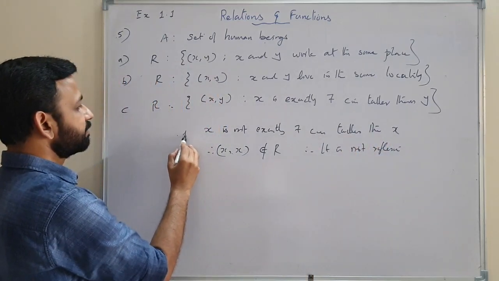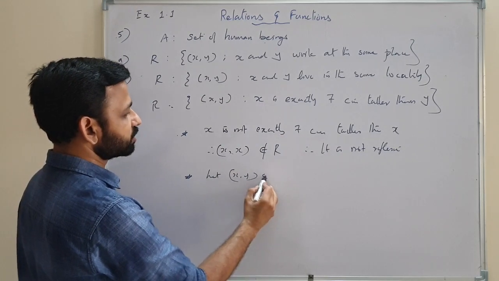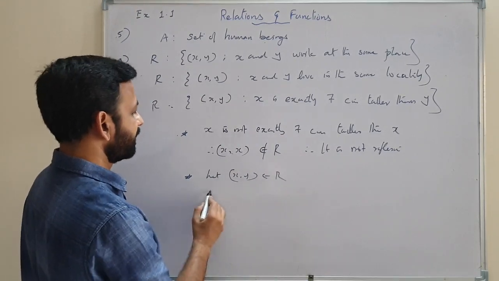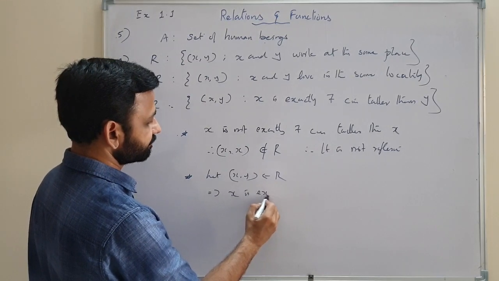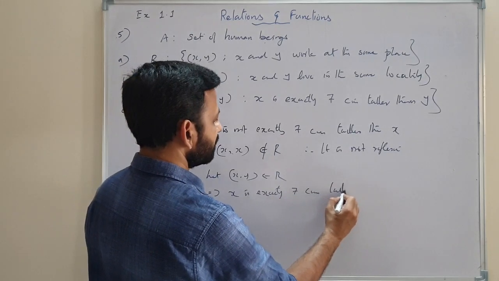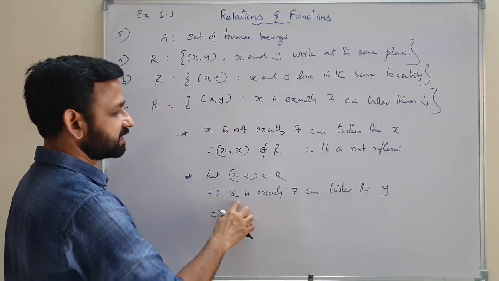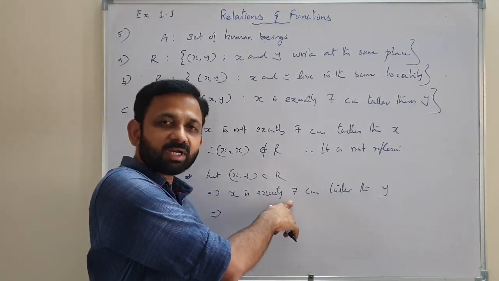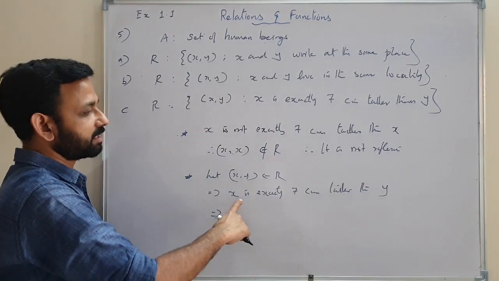Then, symmetric. Let (x, y) belongs to R, which implies x is exactly 7 centimeter taller than y. So if x is exactly 7 centimeter taller than y, then we cannot say y is 7 centimeter taller than x.